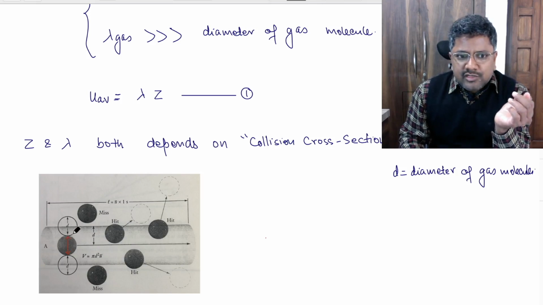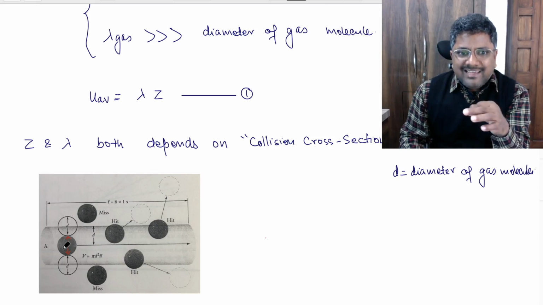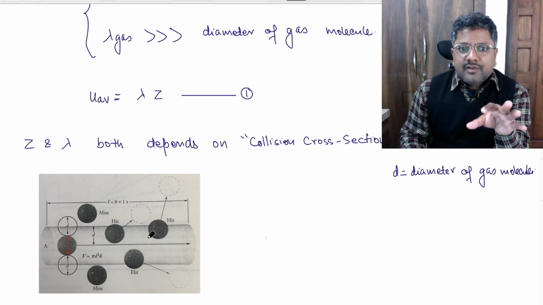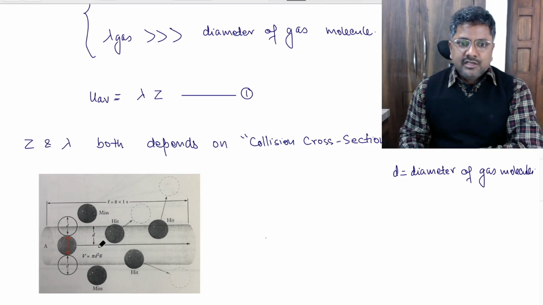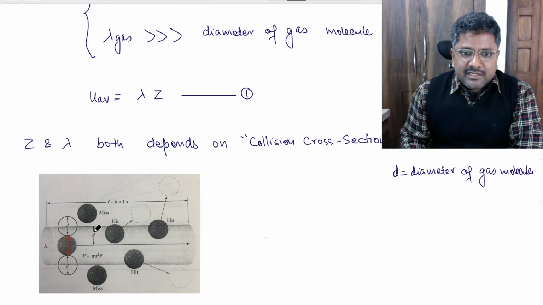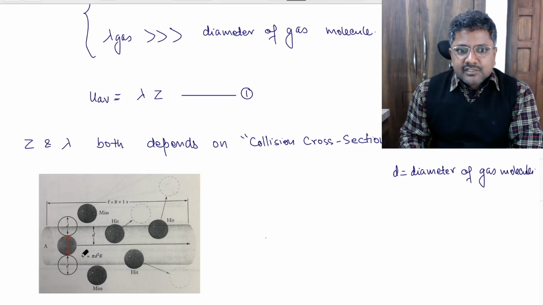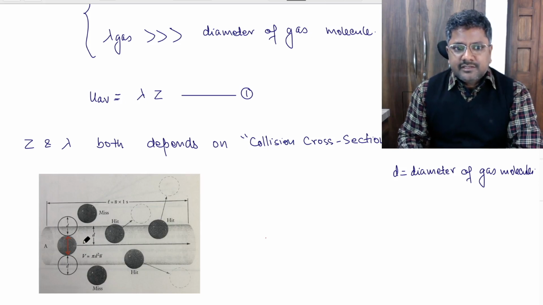So those molecules of which the center lies in this cylinder will collide, and the centers of those molecules away from the cylinder will miss the collision. So this is basically the collision diameter. This is a cylinder basically. So D is the same whether you are taking from this side or this, all this D is the same.